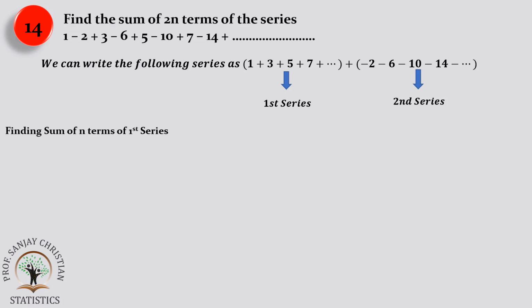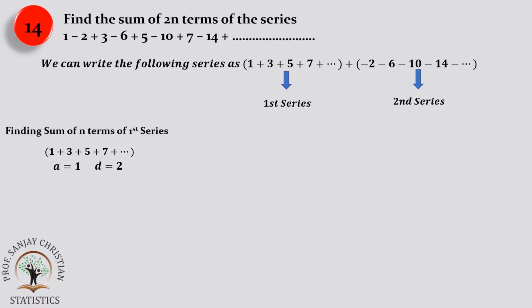So the first series is 1 plus 3 plus 5 plus 7 and so on. If we judge properly, we can get the value of a as 1, and what is a? A is nothing but the first term, and if we check the difference, 3 minus 1 is 2, 5 minus 3 is 2, so obviously the difference is 2.